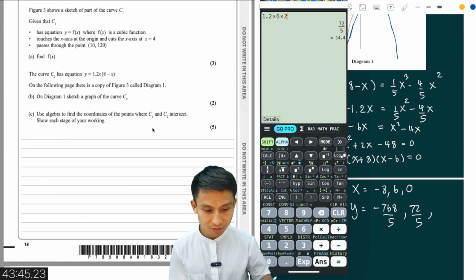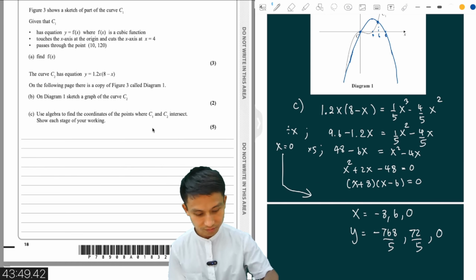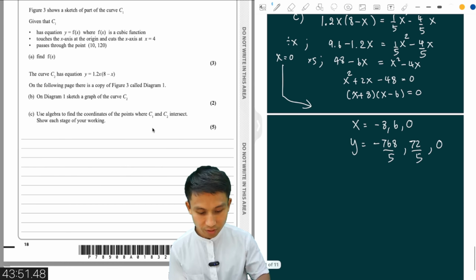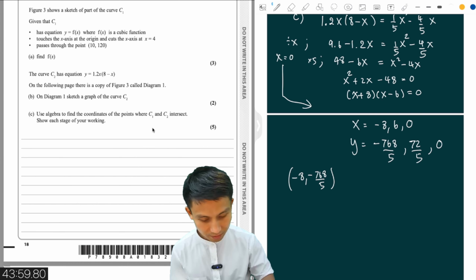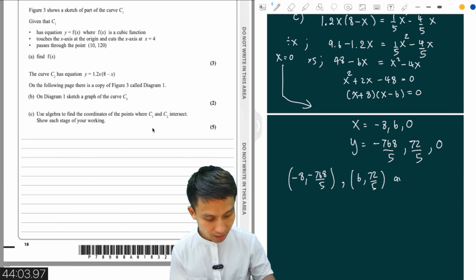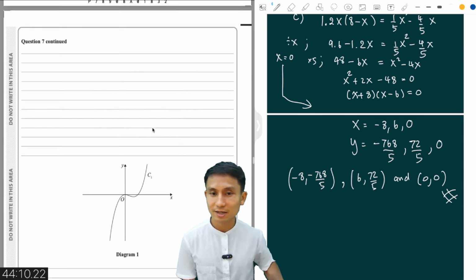And then 0, it's 0, 0. So 0 for the y as well. Okay. So the answer of all intersections would be minus 8, minus 768 over 5; 6, 72 over 5; and 0, 0. That would be my answers for part C here.